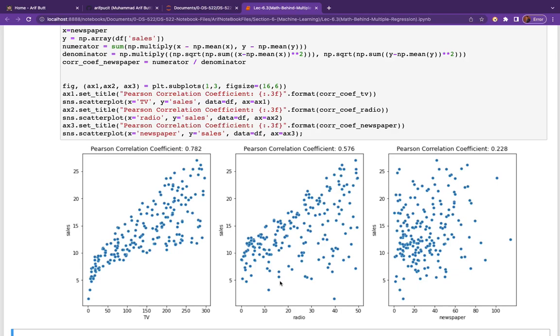While the advertisement on newspaper over here has the least impact on sales. So this is the linear relationship. You can visualize this. I've also calculated the Pearson correlation coefficient. You can check this out. So the newspaper and sales correlation coefficient is 0.228. I hope this makes sense.